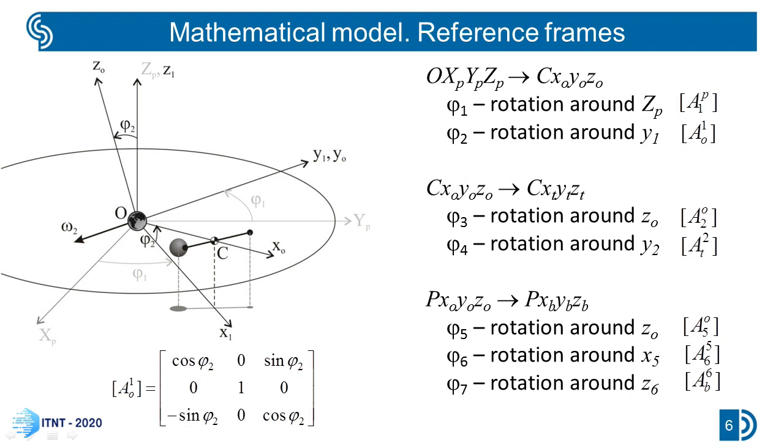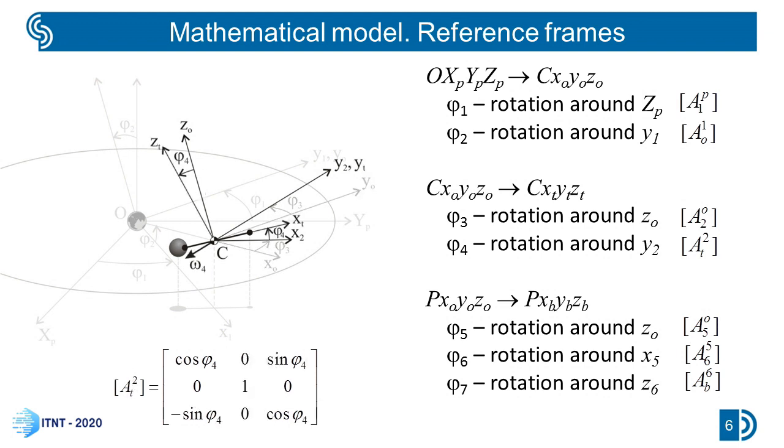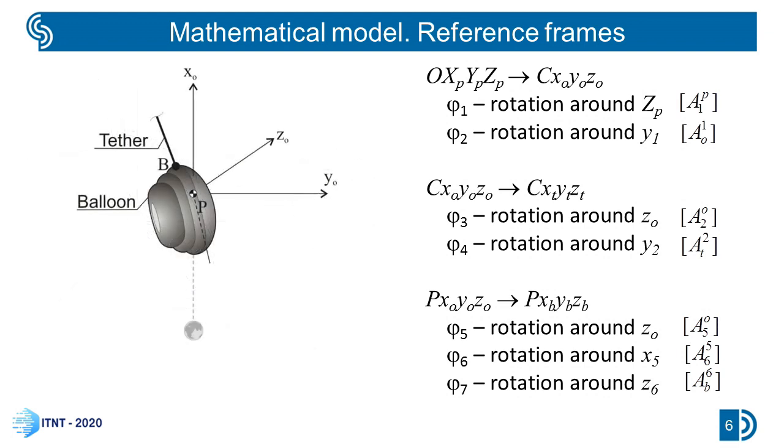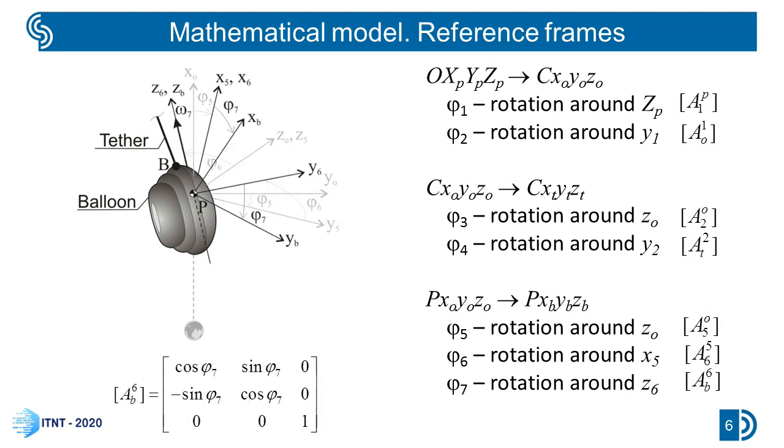Transfer to the tether reference frame is carried out using two turns, again around the z-axis and the y-axis. The transition from the orbital to the body reference frame is carried out by three turns around axes z, x and z.